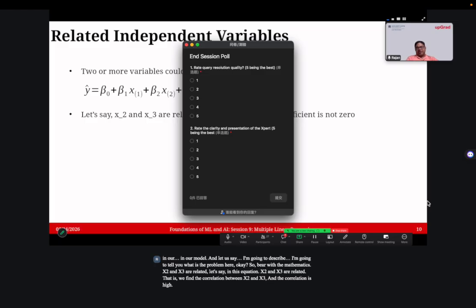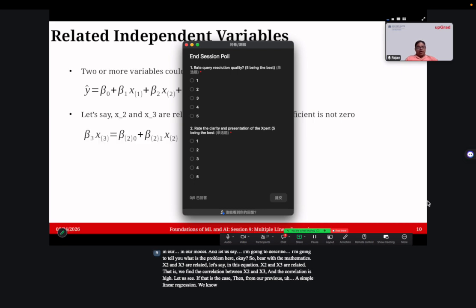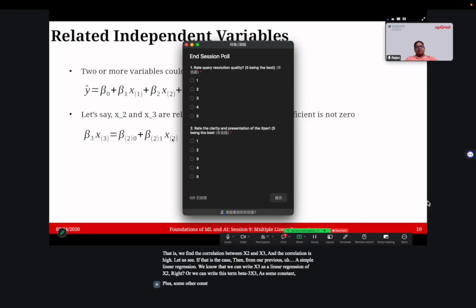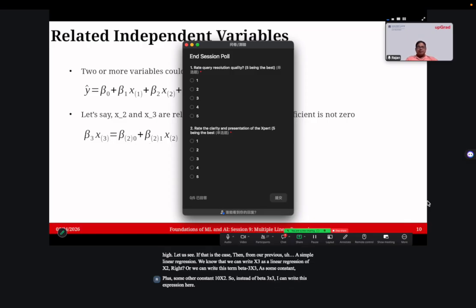Then from our previous simple linear regression, we know that we can write x3 as a linear regression of x2, right? Or we can write the term beta 3 x3 as some constant plus some other constant times x2. So instead of beta 3 x3, I write beta 2 0 plus beta 2 1 x2.